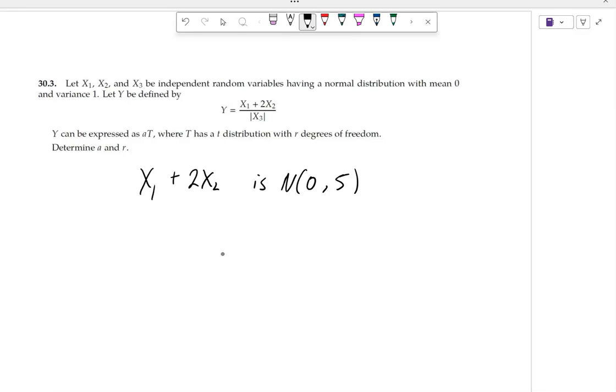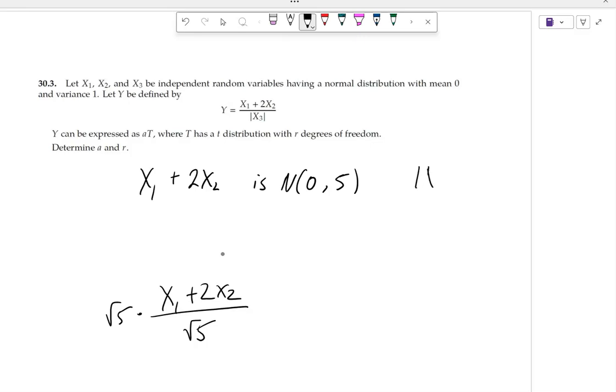So if I look at my numerator again, to convert that to a standard normal, what do you need to divide by? Square root of 5. Good. And so we would also need to multiply by square root of 5, to keep everything equal. The bottom looks a little tricky. It says absolute value.